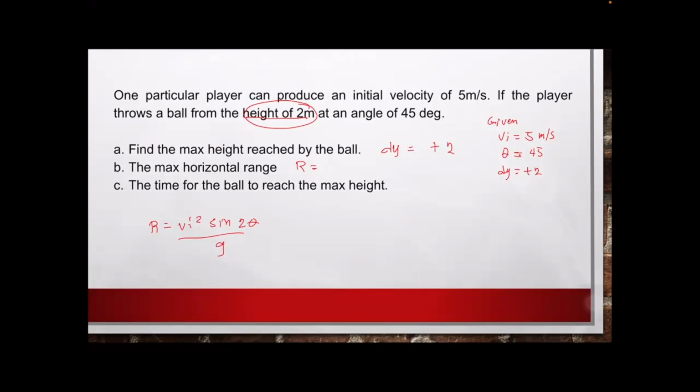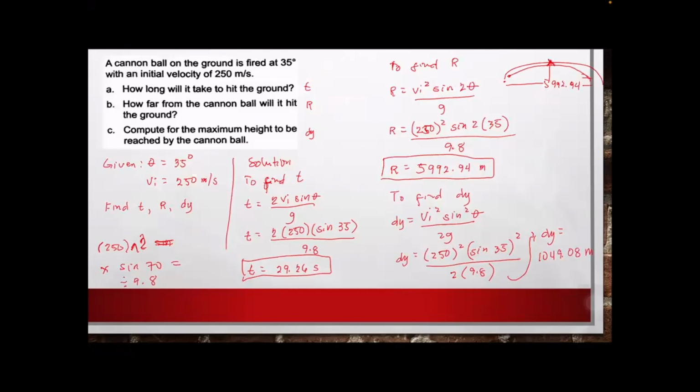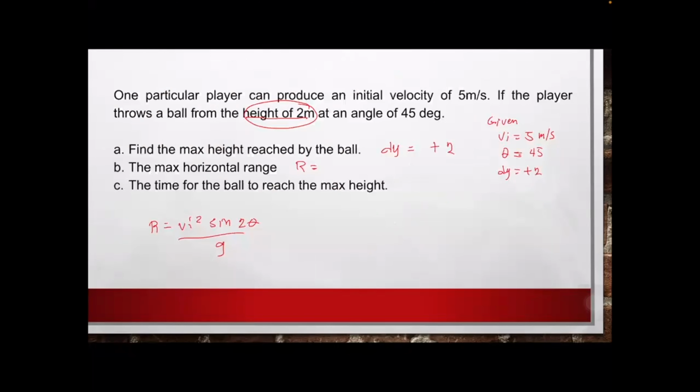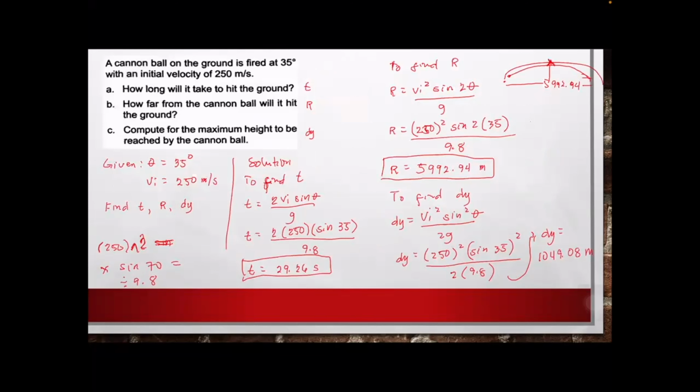Check ko lang yung... Next, yung dy mo, ang formula for the dy is Vi squared sine theta squared over 2g. Yun na yan.